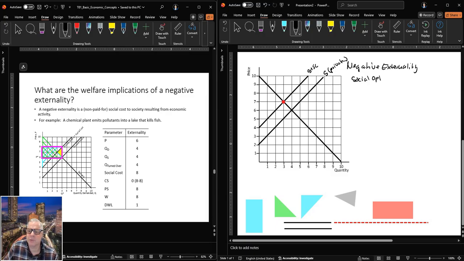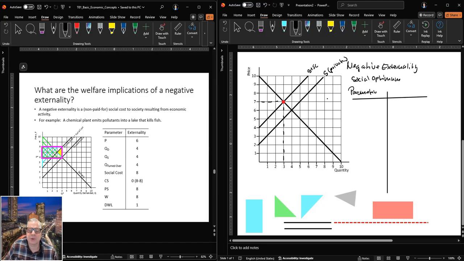So the social optimum. The thinking goes like this: the true price should be 7, and the true quantity turned over should only be 3, because this is the supply function which is relevant from an economic perspective.